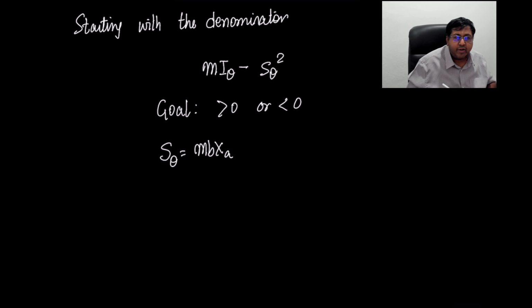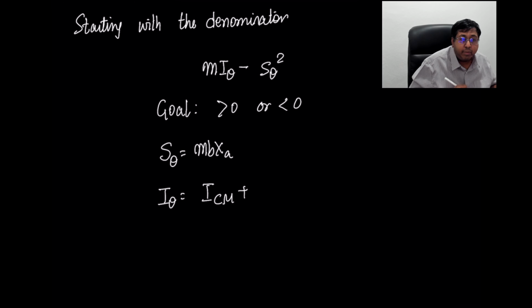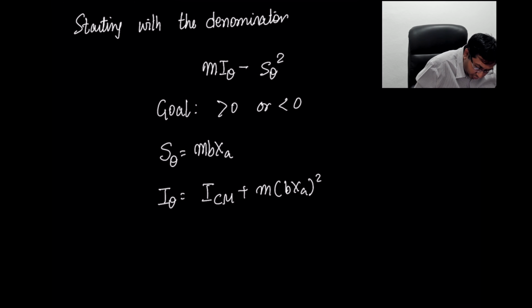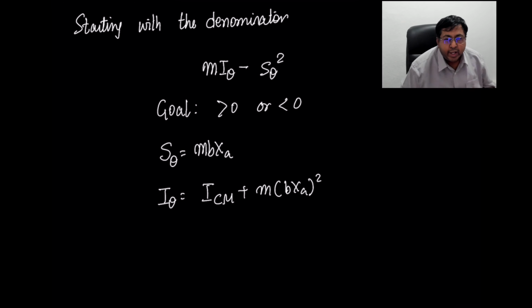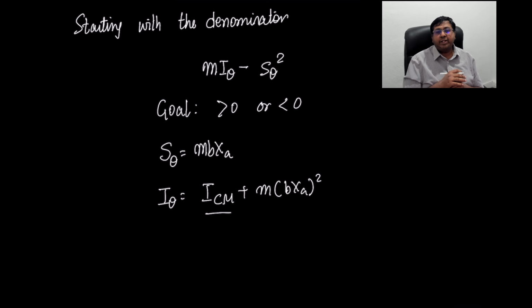And then we can write I theta as nothing but I about the center of mass plus m into b into xa whole square, because we are looking for I theta about the flexural axis. We know the moment of inertia about the center of mass, and using the parallel axis theorem that we have learned in our earlier classes, we can write the moment of inertia about any other axis.